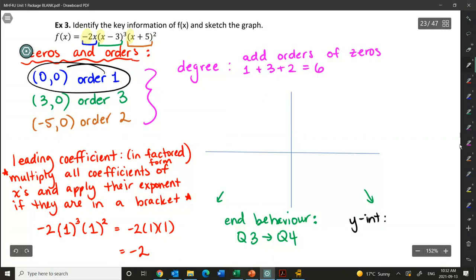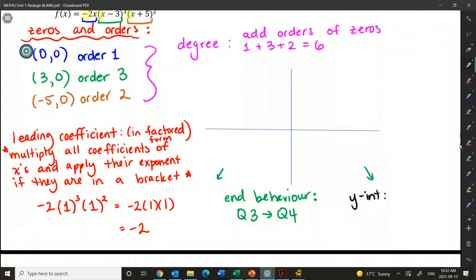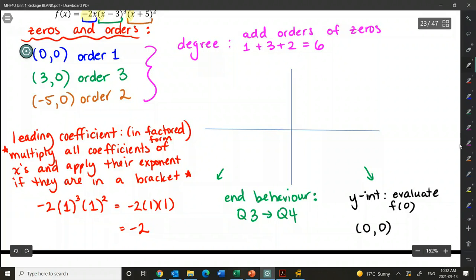I already have a 0 at 0, 0. That will be an x and y-intercept, right? That's the same point. But if you're in factored form, evaluate f at 0. Sub in 0 for all the x's, see what you get. In this case, we will get 0, 0 for a y-intercept. We already have that here. As soon as I have an x-intercept that's 0, that's the y-intercept.